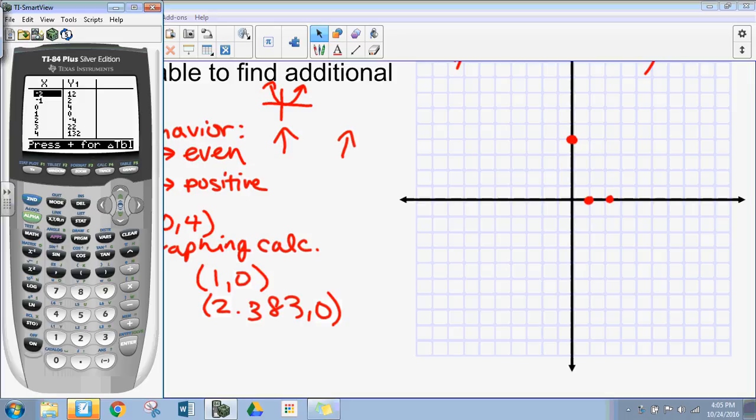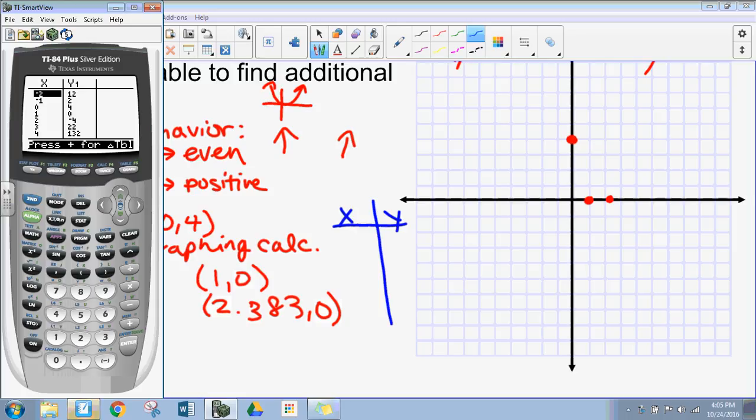So we have our x, y, and it looks like (-2, 12) would be a good point. (-1, 2), (0, 4) we already have. (2, -4), and it looks like (3, 22), but that's not going to be able to be graphed, but it's going to tell us which direction we need to go.